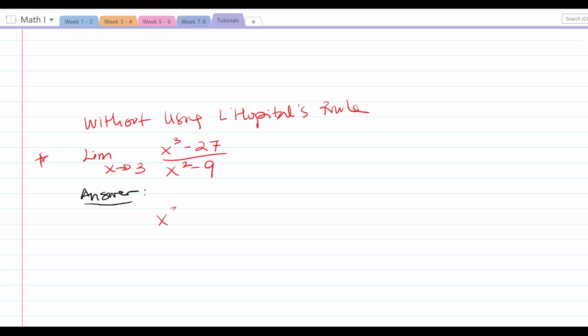In this case the problem is x cubed minus 27 over x squared minus 9, so the first step is to factorize.